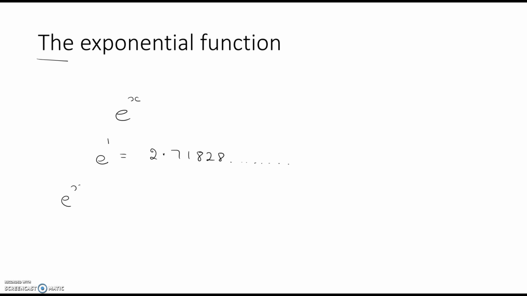If you're interested, e to the x is obtained from what we call a power series, so that it's 1 plus x squared over 2 times 1 plus x cubed over 3 times 2 times 1 plus x to the 4 over 4 times 3 times 2 times 1 plus etc.